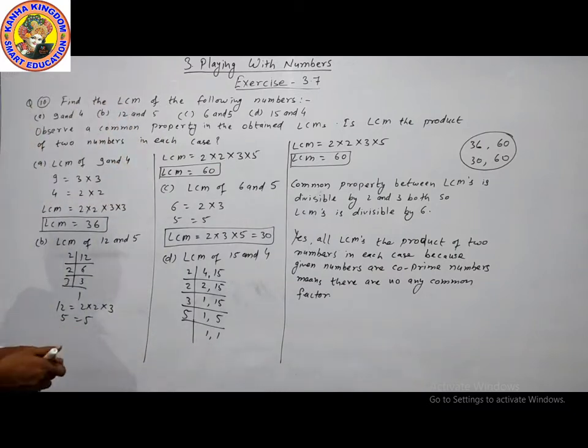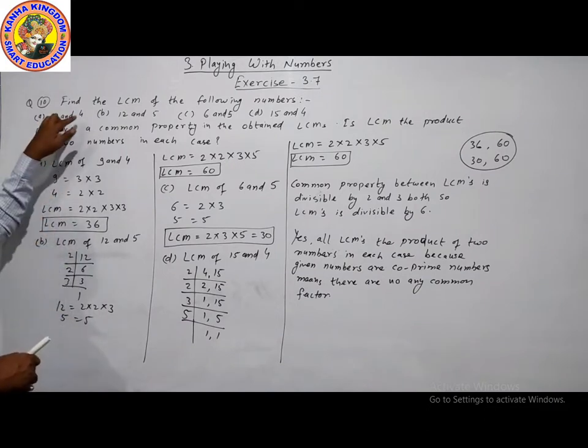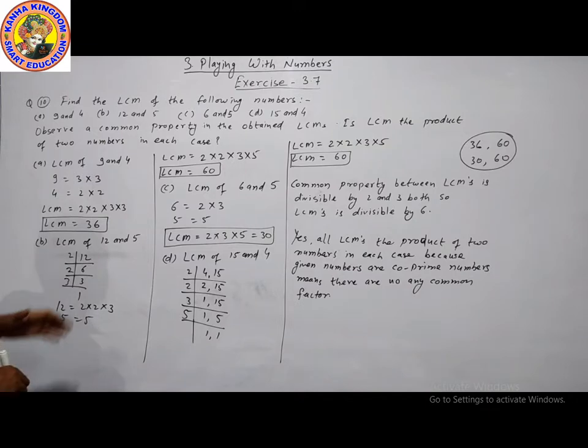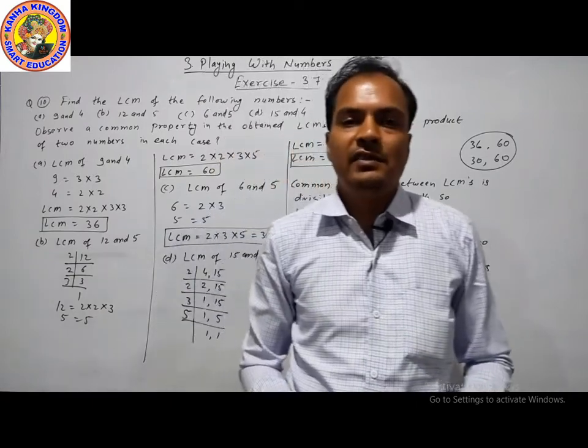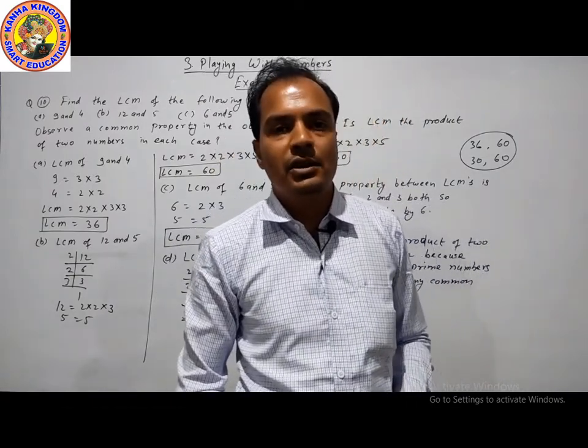All LCM are the product of two numbers because these are the co-prime numbers. The definition of co-prime numbers is there is no common factor between them. You can take a screenshot of this. We will move to our next question.